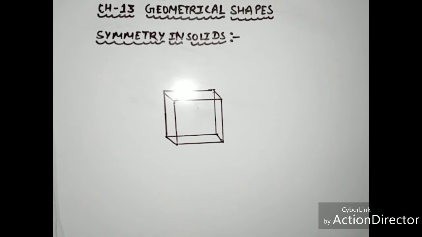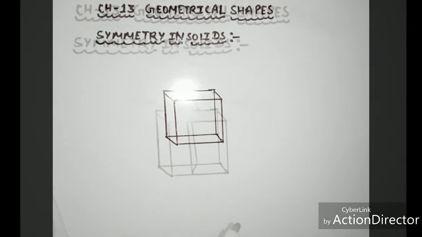Now symmetry in solids. The plane or surface along which the solid is cut to give identical halves is called the plane of symmetry.